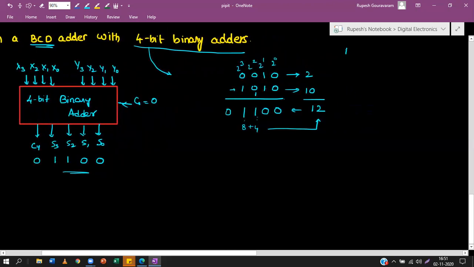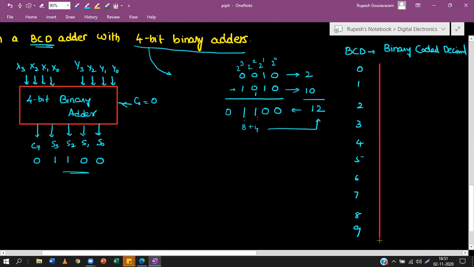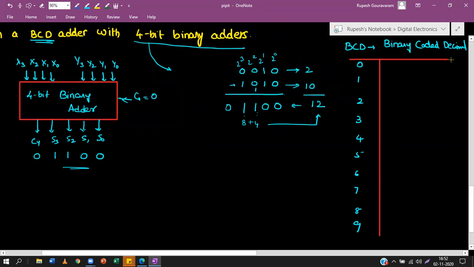Here each and every value from 0 to 9, that is 0, 1, 2, 3, 4, 5, 6, 7, 8, 9, is represented by a binary coded decimal.